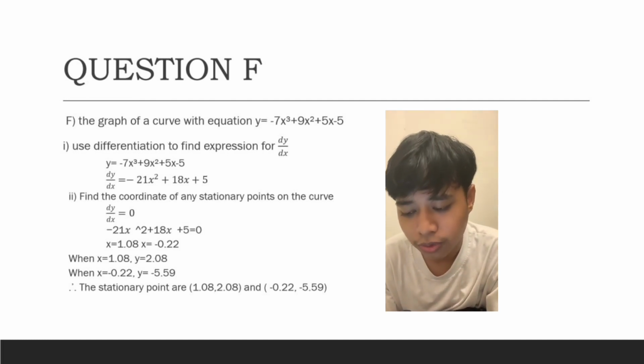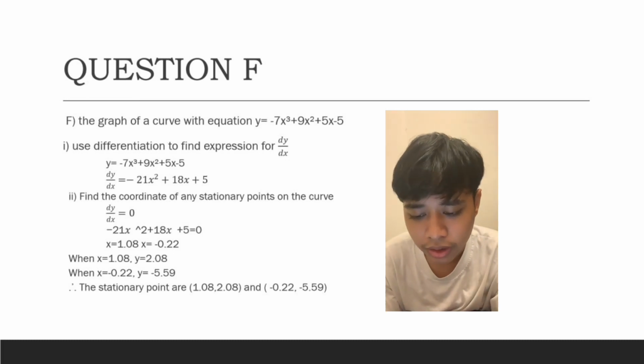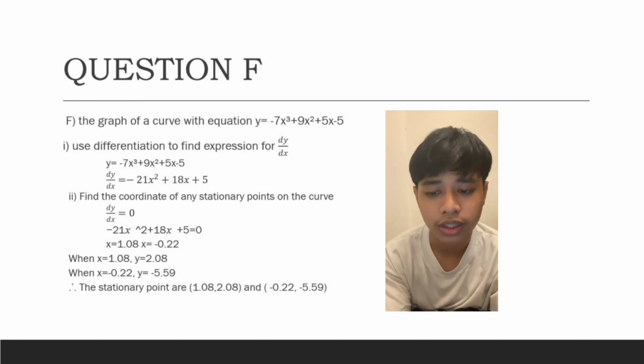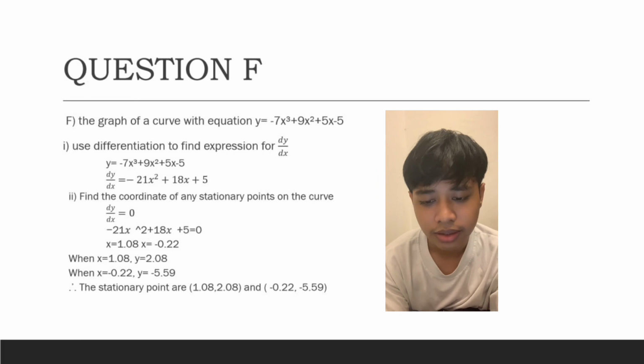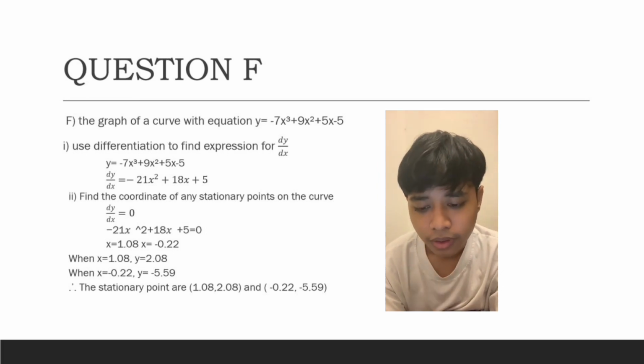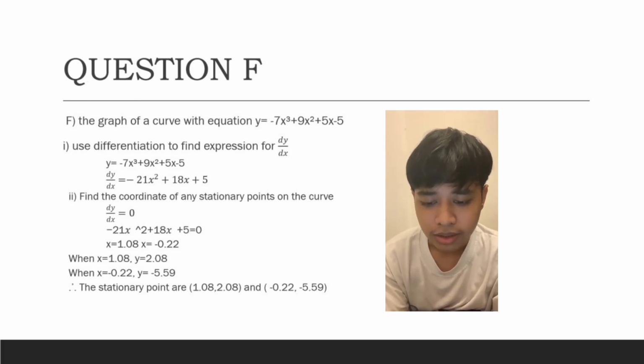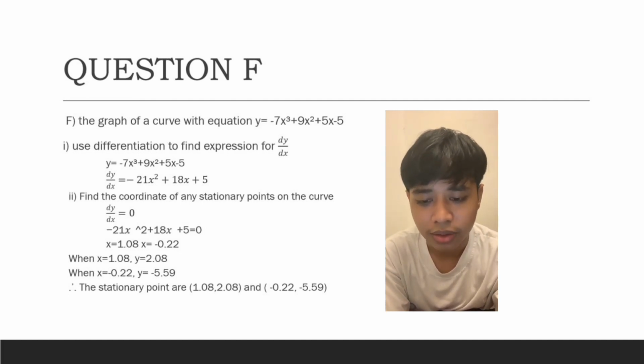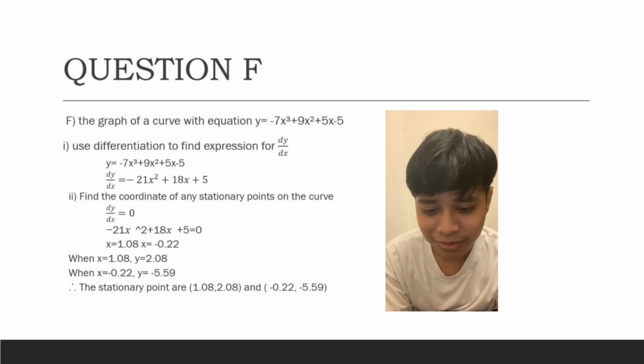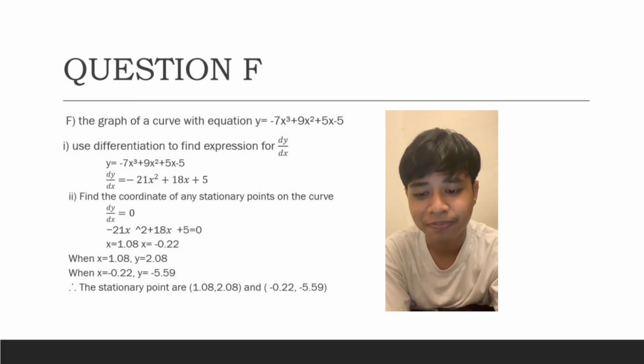So for question 7, part 2, find the coordinate of any stationary point on the curve. dy per dx equal to 0, negative 21x power 2 plus 18x plus 5 equal to 0. x equal to 1.08, x equal to negative 0.22.